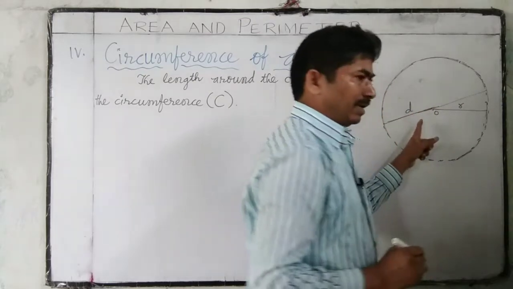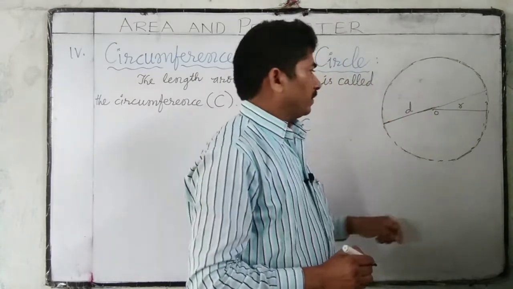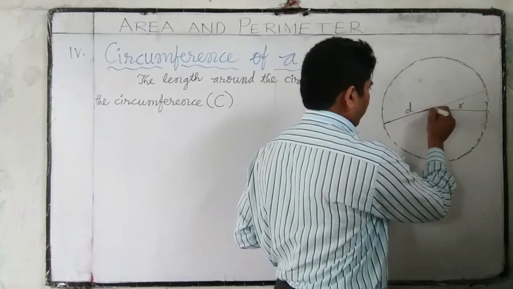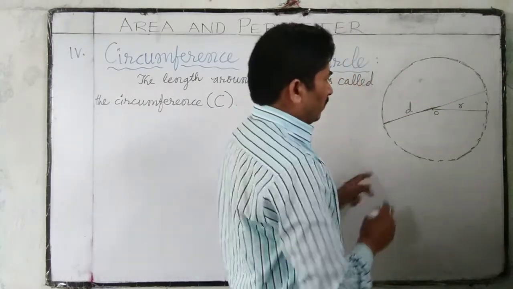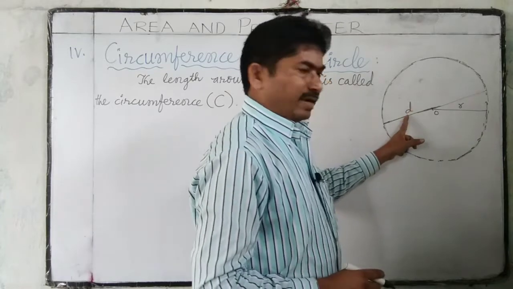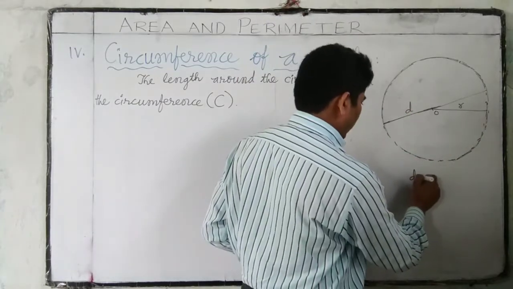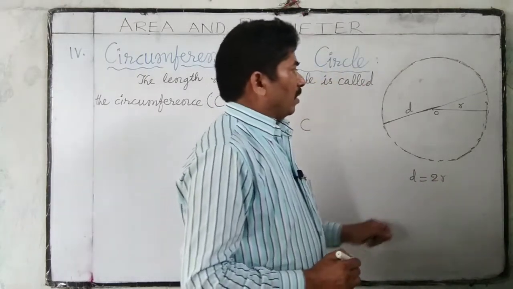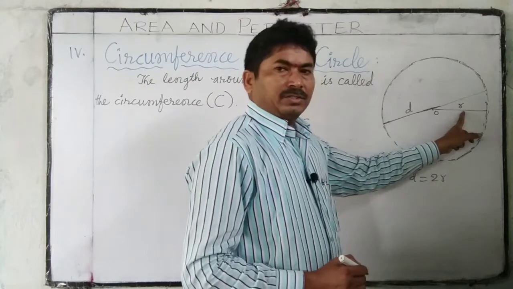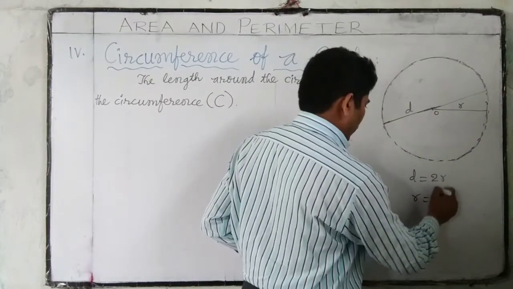So this is the largest chord in this circle. We know diameter is twice the radius. D is equal to 2r, or radius is half of the diameter. R is equal to D by 2.